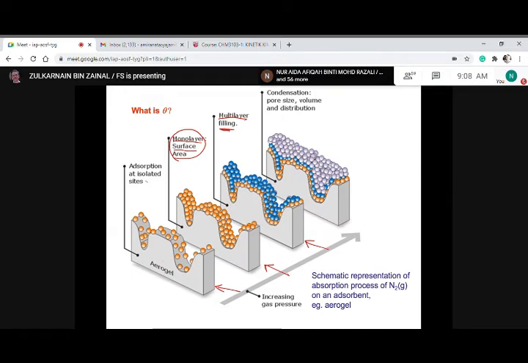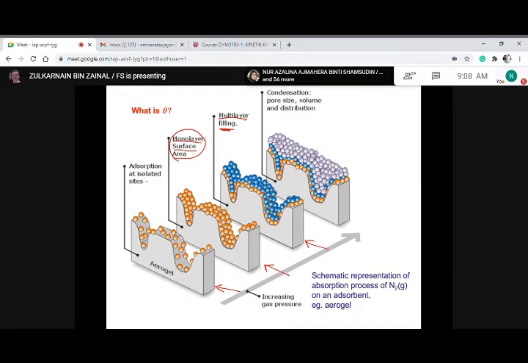The yellow layer is the first layer, the blue layer is the second layer, and you can have more layers on top of these two layers. You can have 3 layers, 4 layers, and so on. So adsorption can keep on occurring on the surface of the molecules of gas that have been adsorbed earlier, right?